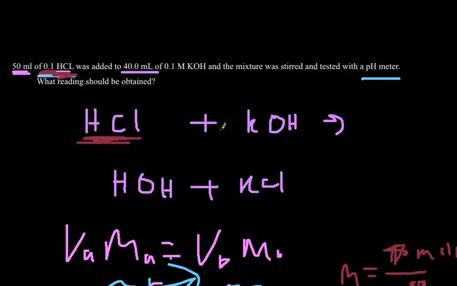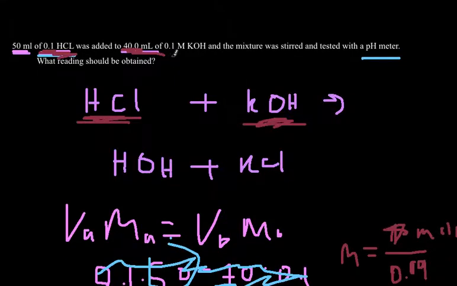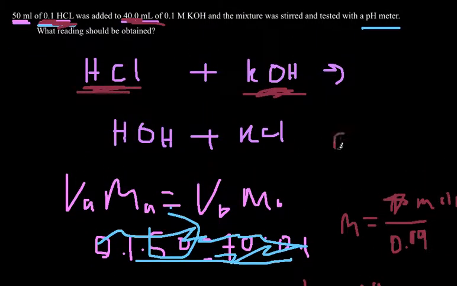And then it reacts with this. How many moles does it react with? Let's see. 40 ml of this. So you have 0.1 equals moles over 0.04, where moles is the value we want to find.